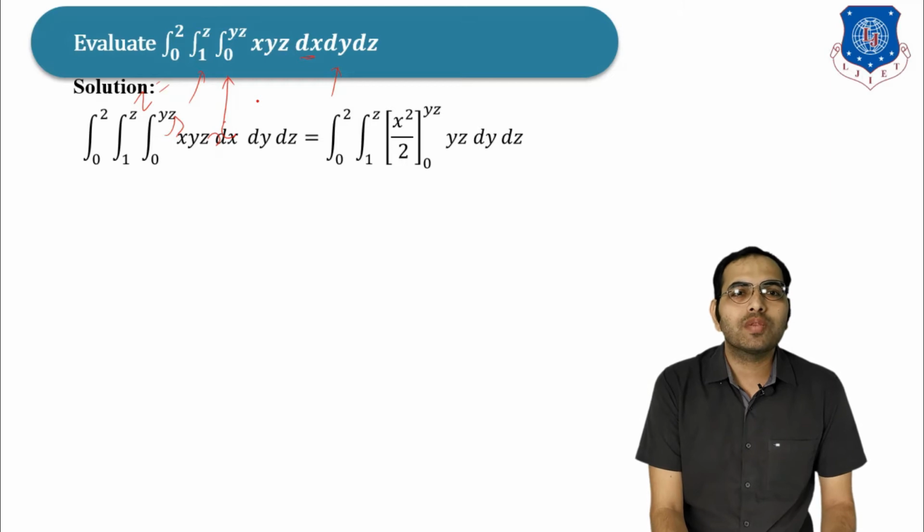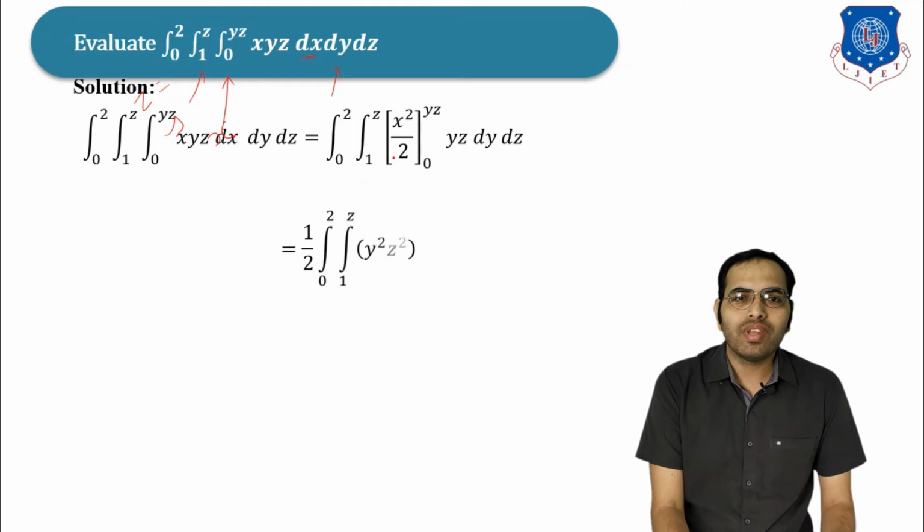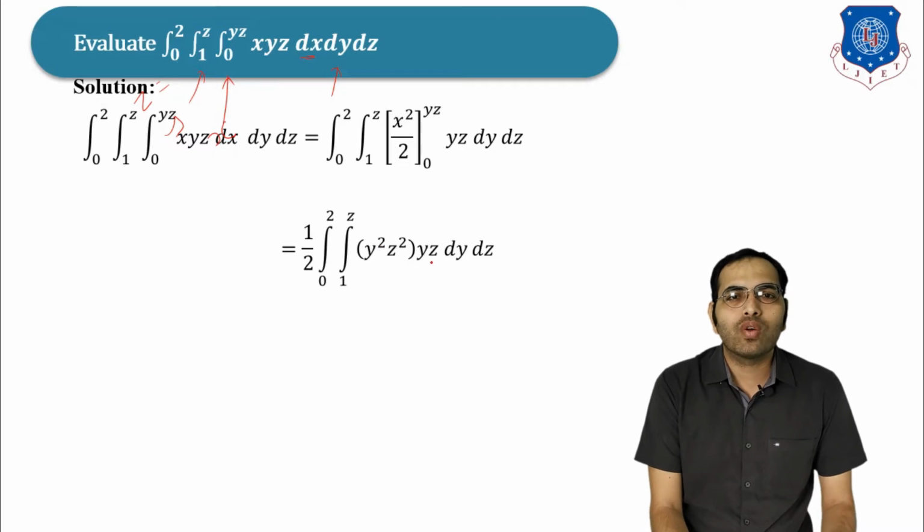Then integrating with respect to x, we have the double integral 0 to 2, integral 1 to z, of x squared by 2, and yz remains constant, kept as it is. Then upper limit minus lower limit, substituting x as yz and x as 0, we have the constant one half, integral 0 to 2, integral 1 to z, of y squared z squared into yz dy dz.